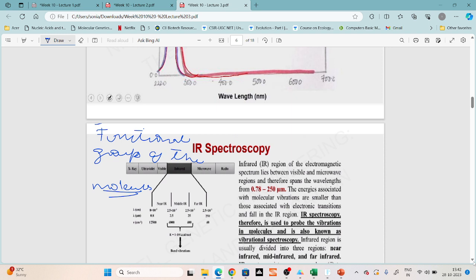Obviously, to study different properties of a molecule, different energies are associated. The energy required for the absorption and emission of an electron is different from the energy required for its vibration. For an electron to vibrate, it needs a lesser amount of energy, corresponding to infrared radiation.